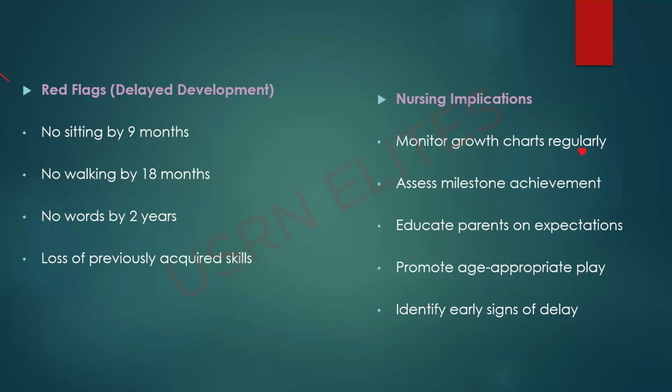The last one here is to identify early signs of delay. Some people are able to identify it earlier, and they get help. If you have any question here, you can ask before we carry on.